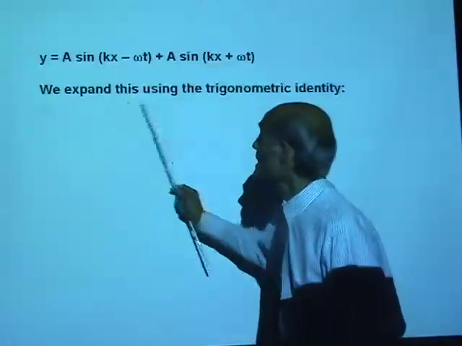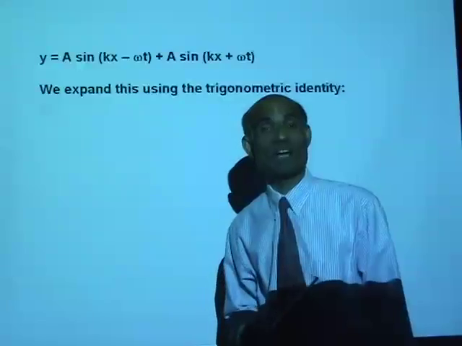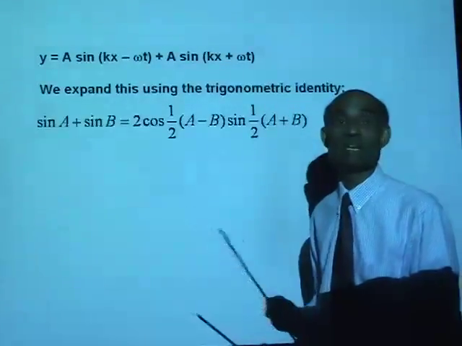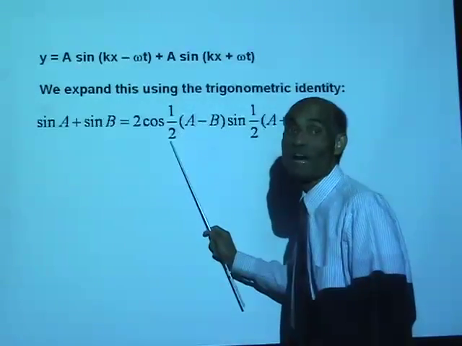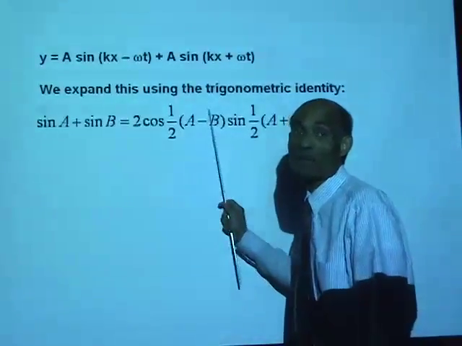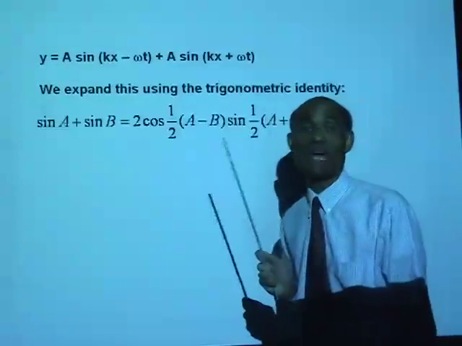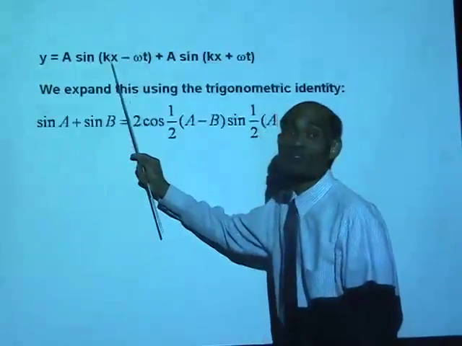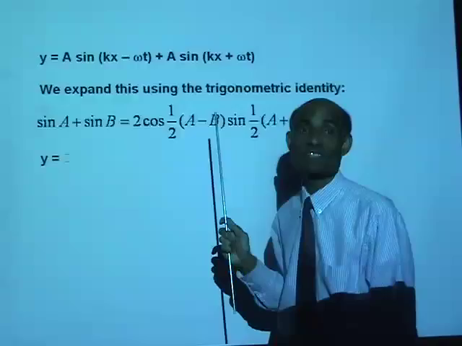Well, we can expand this using the trigonometric identity we used in the last class. Sine of A plus sine of B is 2 cos of one half (A minus B), times sine of one half (A plus B). Our A is kx minus omega t, B is kx plus omega t.